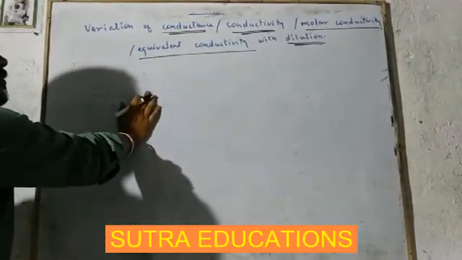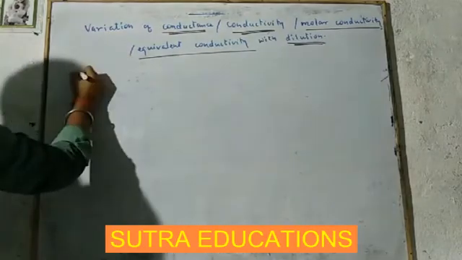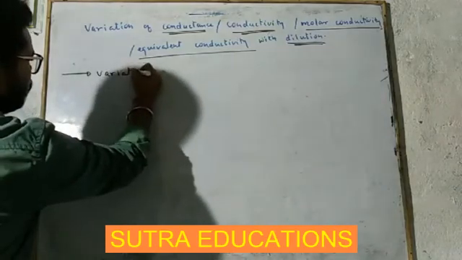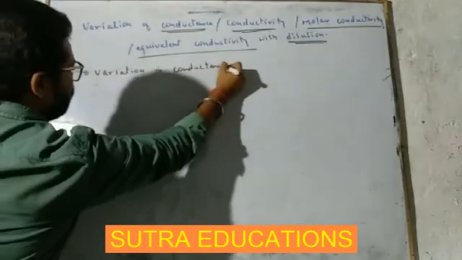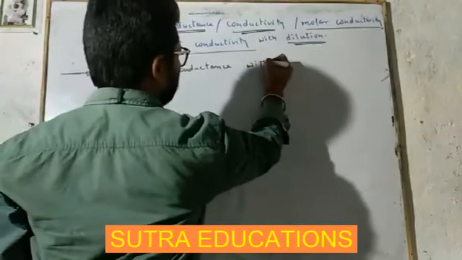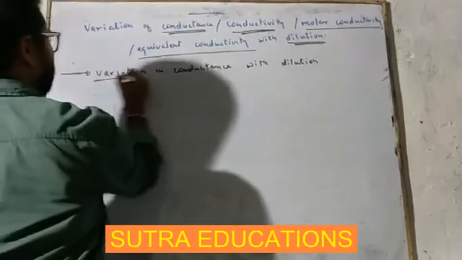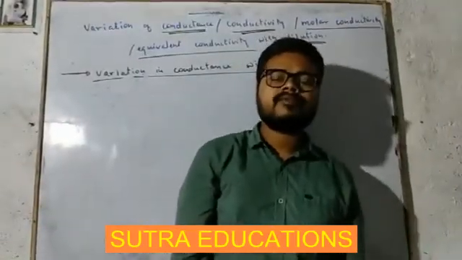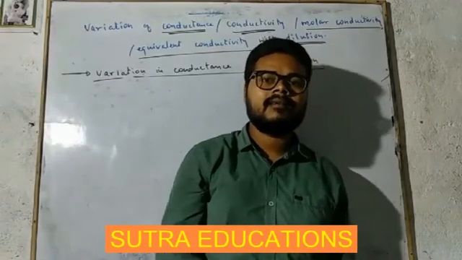So let's start with variation in conductance with dilution. What is dilution? Dilution means we are adding more and more water, means concentration is getting low.